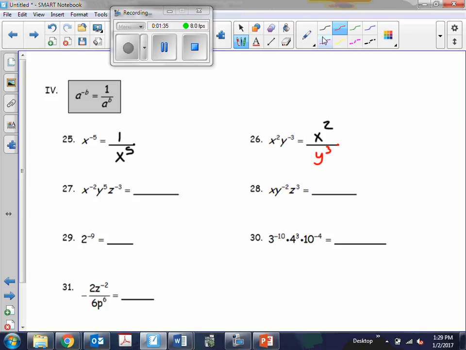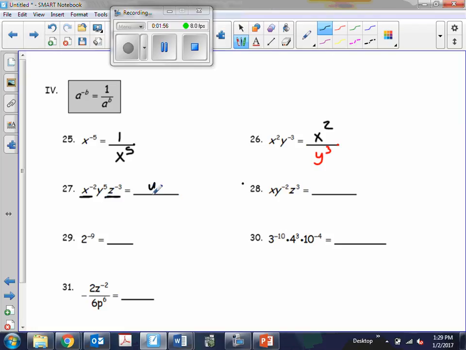If I take a look at number 27 now, the x to the negative 2 and the z to the negative 3 are both negatives, which means those are both going to be in the reciprocals. But because y to the 5th is just plain old y to the 5th, that one is not going to change.